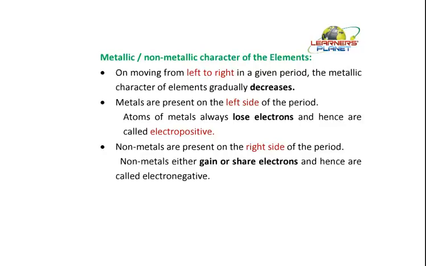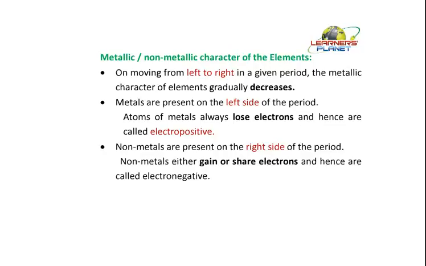I am talking about chemical properties, not physical properties like luster, shine, density or melting point. I would straight away come to the chemical property, due to which metals have those physical properties. The basic property of metals is that they are electropositive, or they form positive ions.